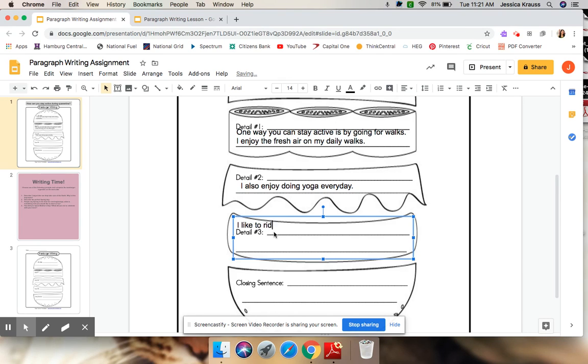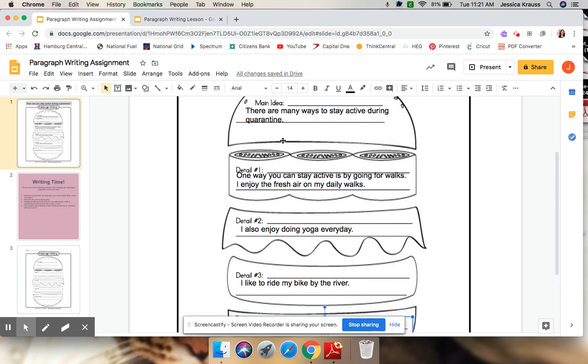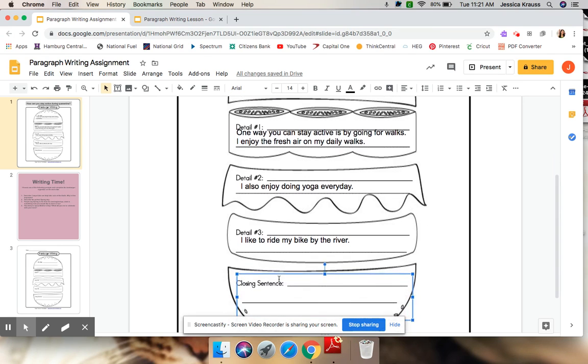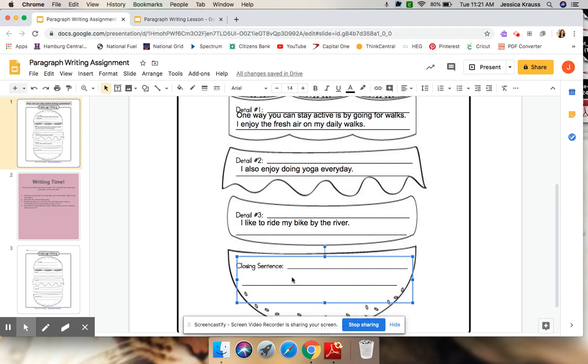I like to ride my bike by the river. All right, so I have my introduction sentence. I've got my 3 reasons, my 3 examples of ways I can stay active, and now I have to wrap it up so that my reader knows my paragraph is finished. It is important to stay active and healthy during the quarantine.